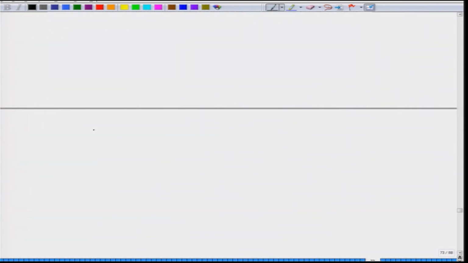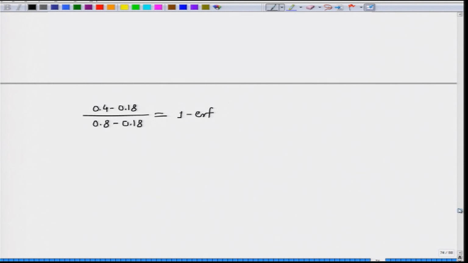So, we can write (0.4 minus 0.18) divided by (0.8 minus 0.18) is equal to 1 minus error function x, where x is 800 micron divided by 2 root D t, with D in micron square per second, which we evaluated as 3.2 times. We need to find the carburizing time. Okay. So, we can solve this.